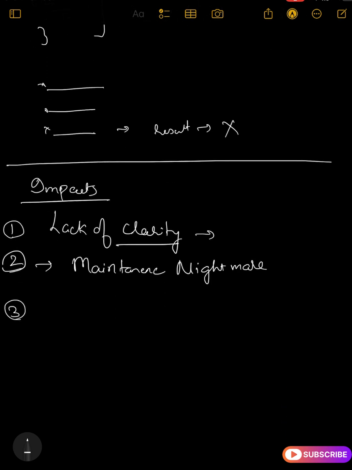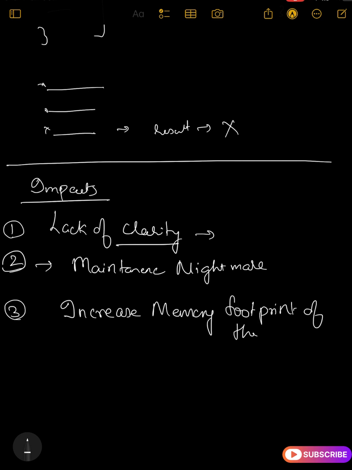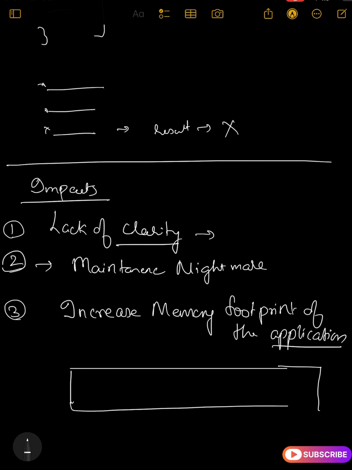And the third impact, as you can imagine, is that this will increase the memory footprint of the application. So when the memory footprint of the application increases, what happens? For example, if you have many processes running on your machine, each process will occupy some block of memory in the RAM, the primary memory.